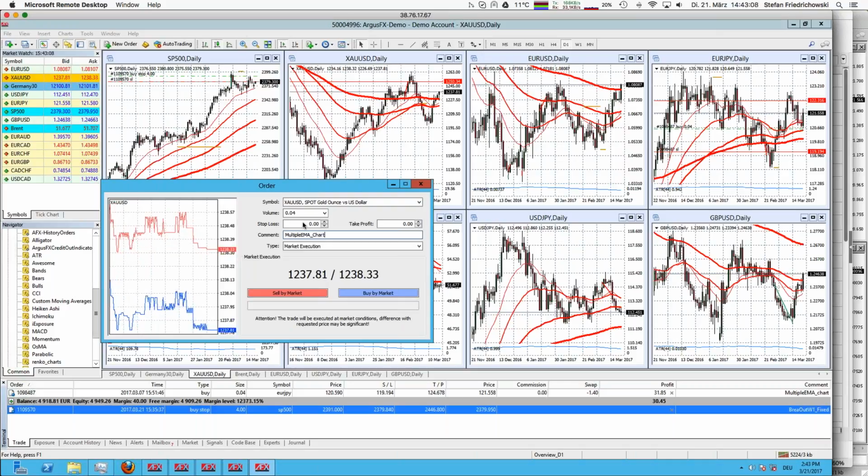And the stop loss for the trade is 1251, and take profit is 1199. So since it's a market order, we have to better look that everything is all right. Looks good. It will be a short trade.